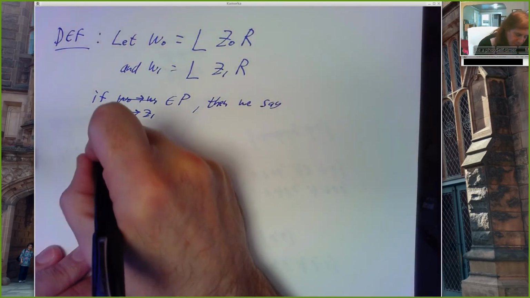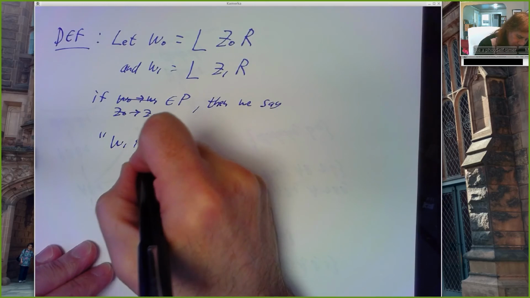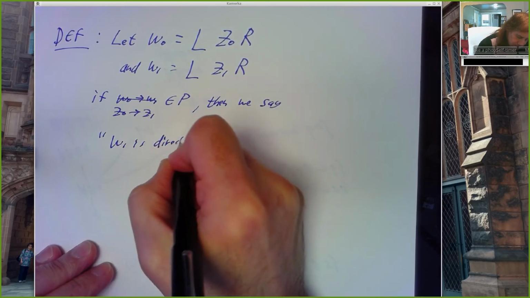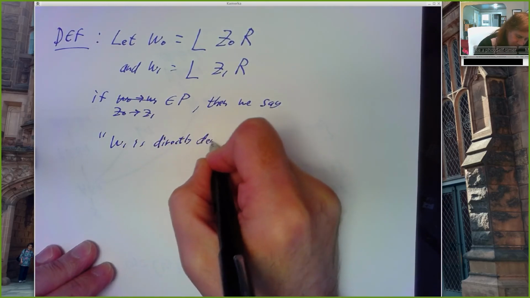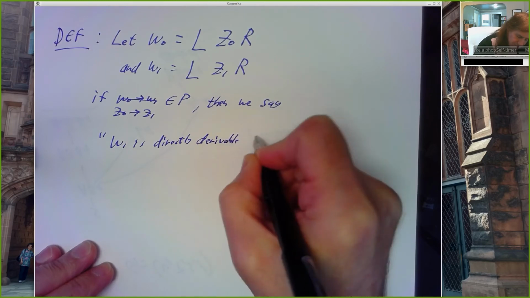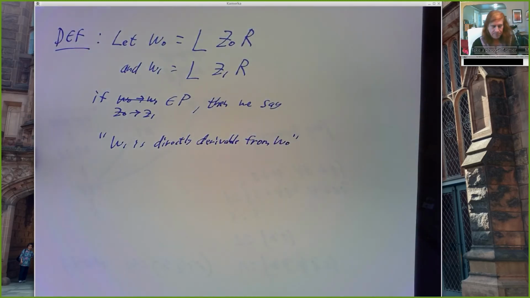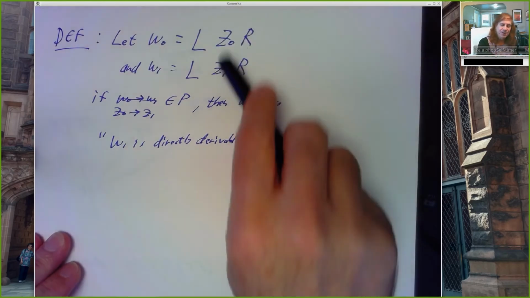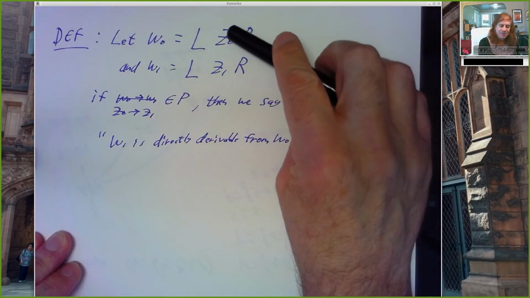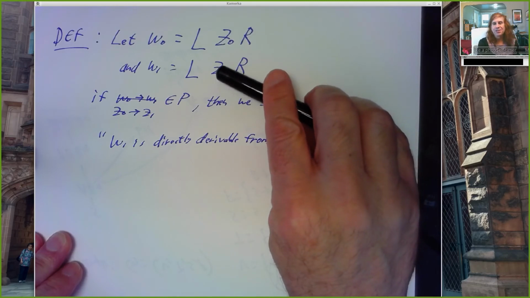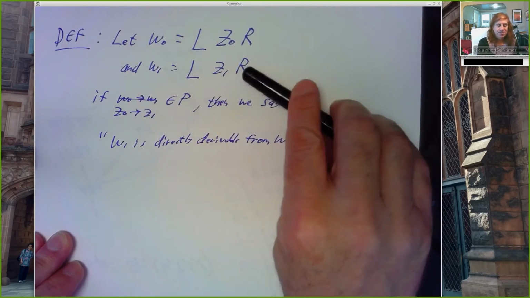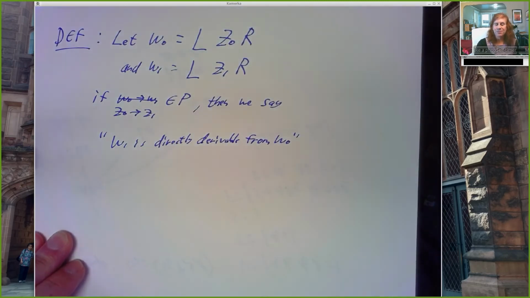We say W1 is directly derivable from W0. So if you have two strings, then you can express them in a way where the middle part can be changed from here to there using something in our set of production rules, then this string is directly derivable from that.